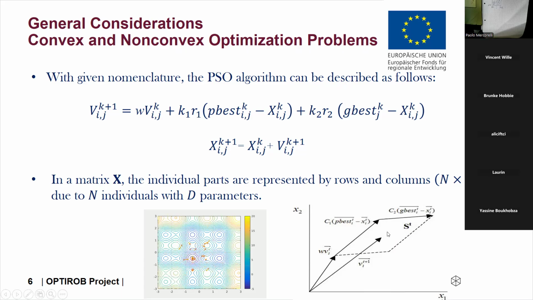We can see in the right part the vector characterized by Gbest minus x_i(t), and the vector characterized by Pbest minus x_i(t).